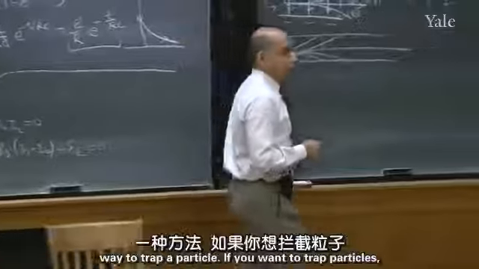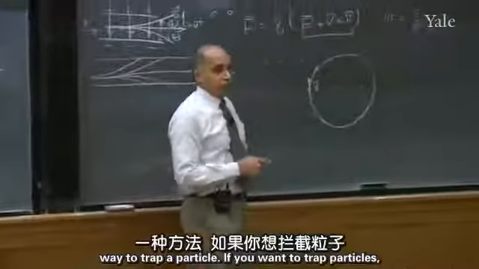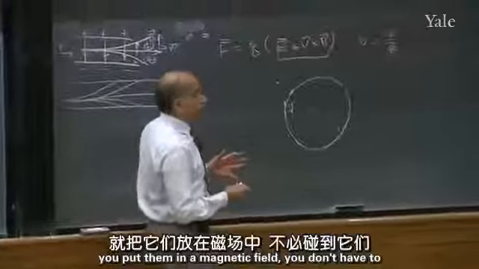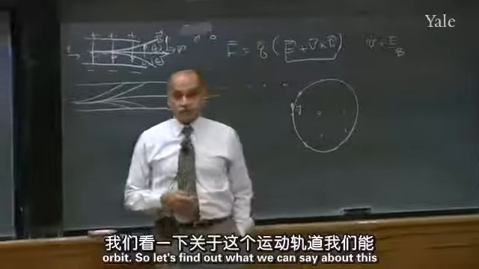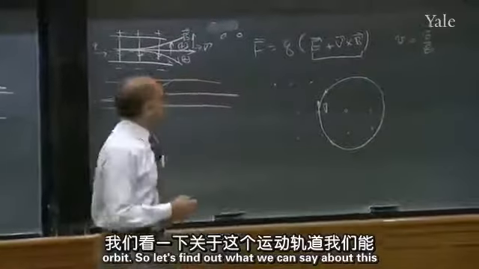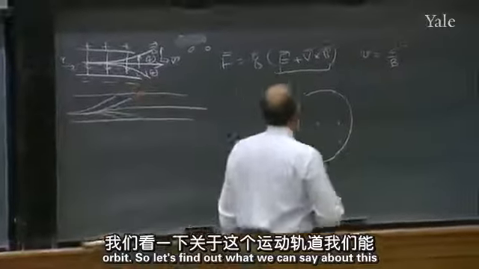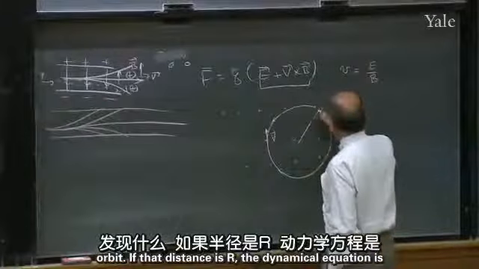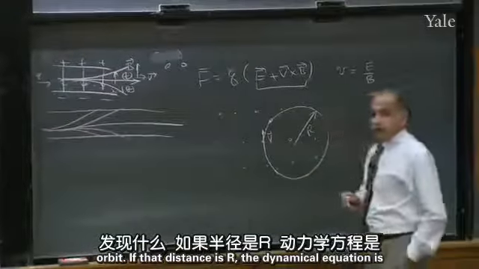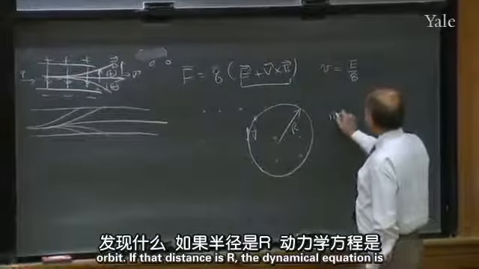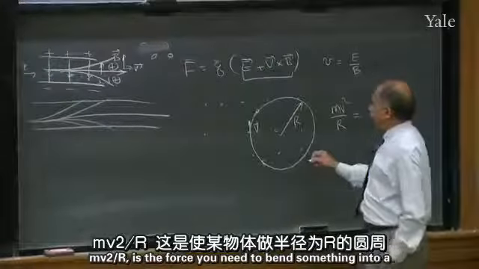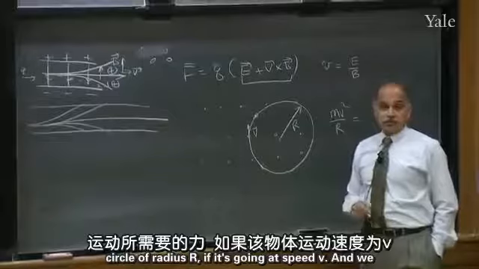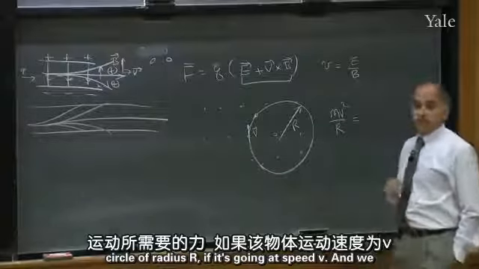So this is a way to trap a particle. If you want to trap particles, you put them in a magnetic field, you don't have to touch them. They will not go anywhere. They'll form an orbit. So let's find out what we can say about this orbit. If that distance is r, the dynamical equation is mv squared over r, which is the force you need to bend something into a circle of radius r if it's going at speed v.